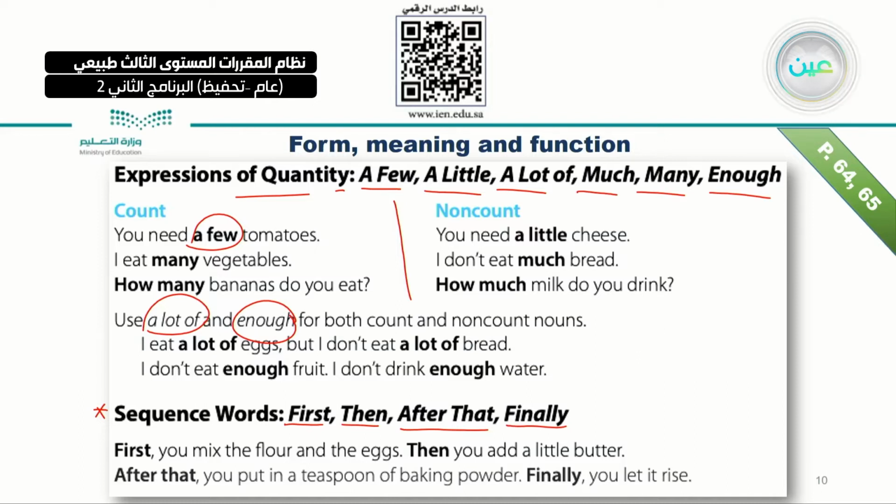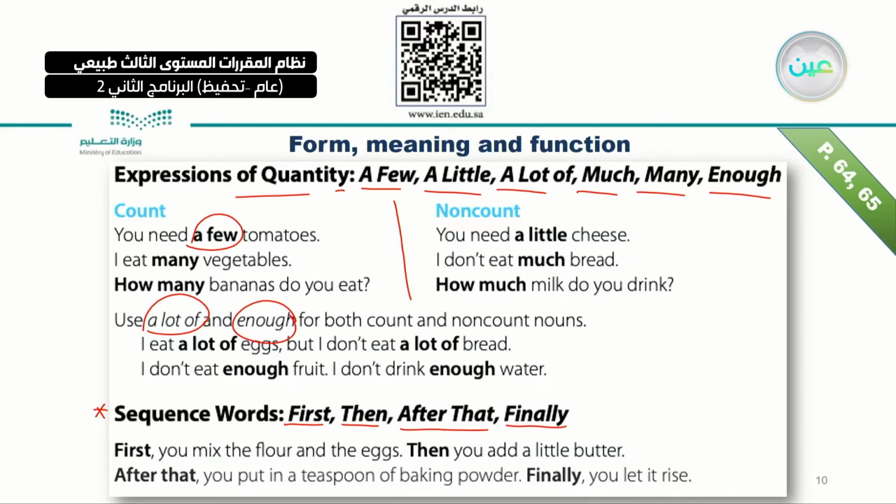After that you put in a teaspoon of baking powder. Finally, you let it rise. So as you can see here, I used sequence words to tell something in order, or to tell a story, what happened first, then after that, and finally.